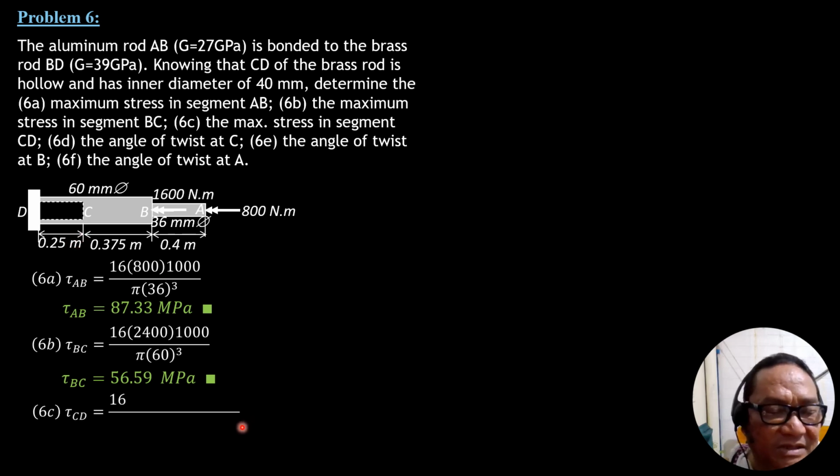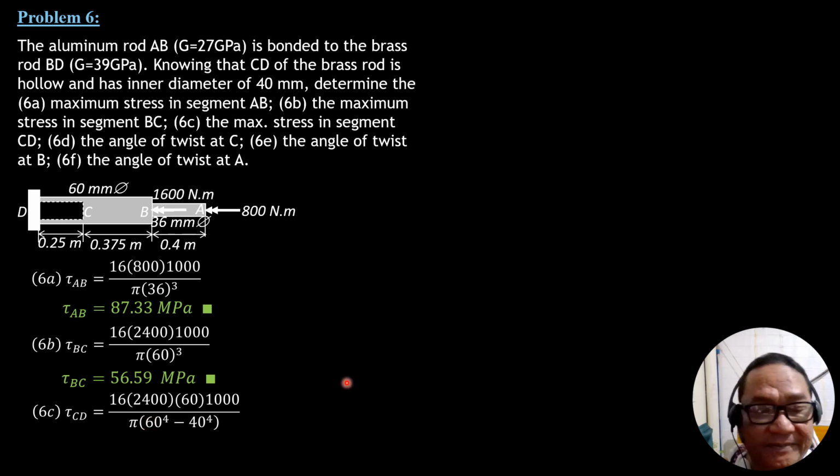So tau CD is 16, torque 2400, outer diameter 60 mm times 1000 to convert it to Newton mm, the 2400 Newton meter torque, divided by pi quantity outer diameter to the fourth minus inner diameter to the fourth. So maximum shear stress in CD is 70.52 megapascals.